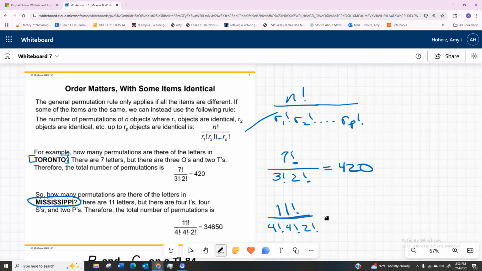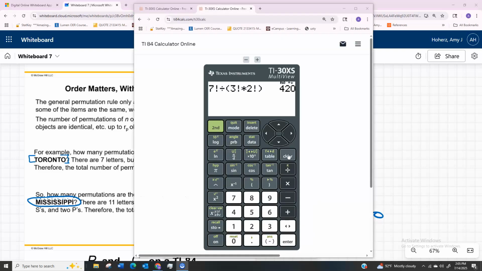And if you were to enter that in the calculator the same way, you would get 34,650 different ways to permute the letters in the word Mississippi. Unbelievable. I mean, more than 34,000 different ways. And so just to see that on the calculator really quick, again, you would do the 11 factorial, and then you would have to divide, and you need to put a parentheses on the bottom so that it knows everything that you're entering after that is underneath the division bar.